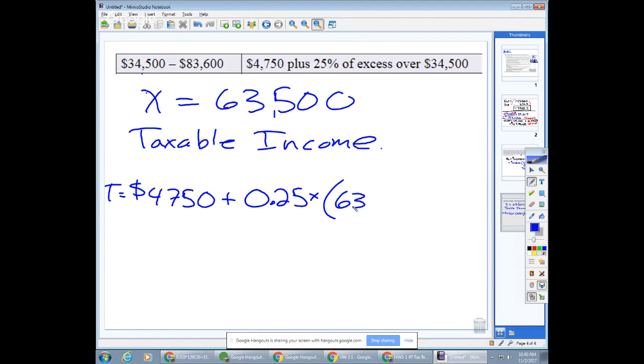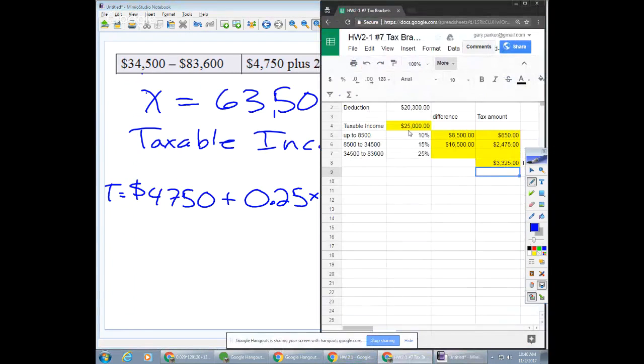So my 63.5 minus the threshold of 34.5. And so run that through a calculator and see what we get. I'm going to throw that on my spreadsheet here.